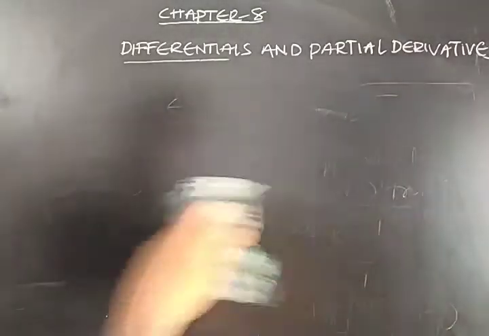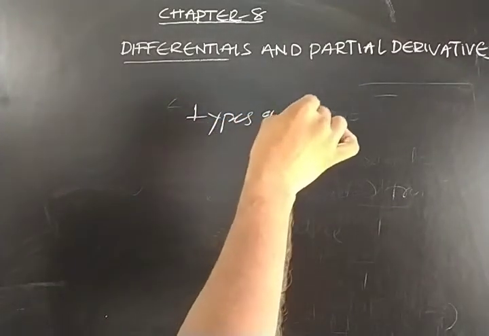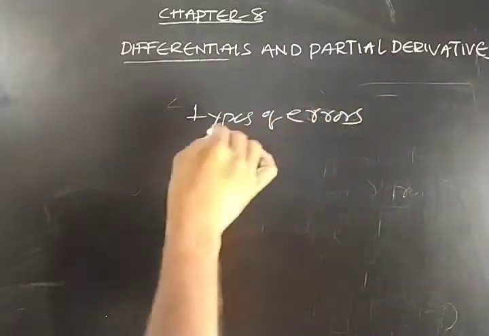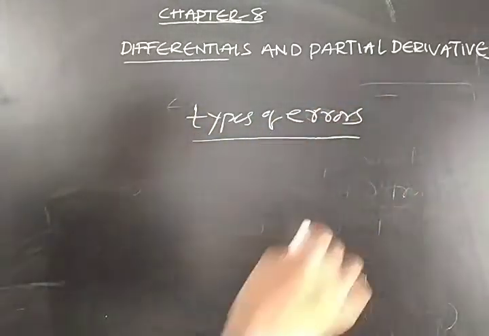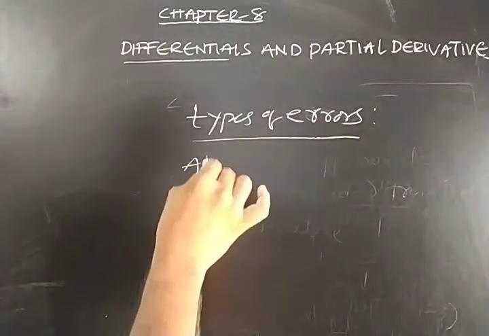Now the types of errors. First, absolute error.